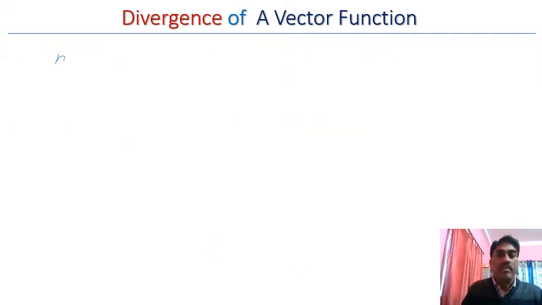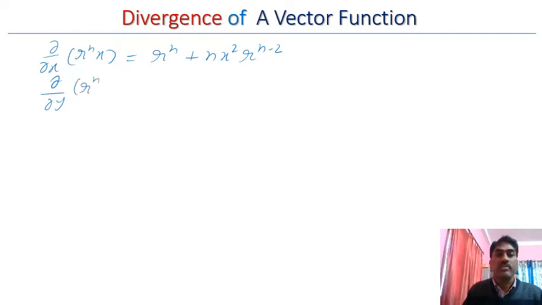I am writing all of them collectively here. First, del by del x of r^n x is equal to r^n plus n x squared r^(n-2), and you will get the del by del y component in a similar way.